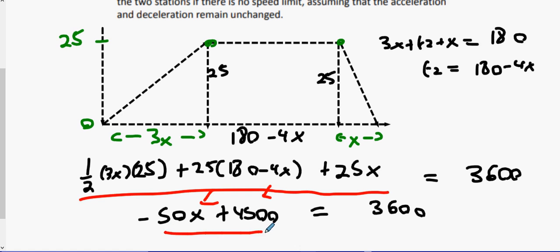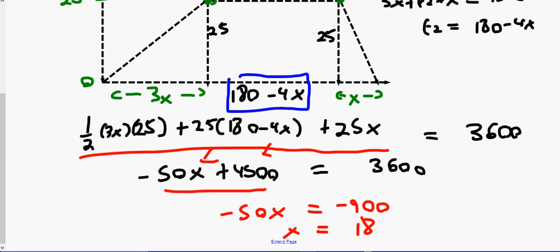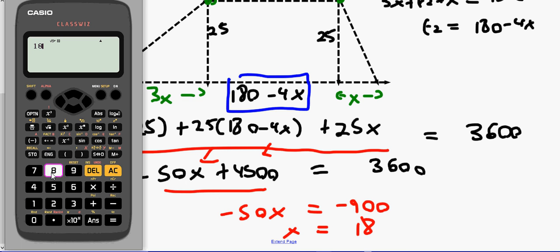Then bring over the 4,500, and you get minus 900, and x equals 18 seconds. So we know that x equals 18 seconds, which is brilliant. Now we can find the time of the middle sector, which is 180 minus 4 times 18, which is 108 seconds.